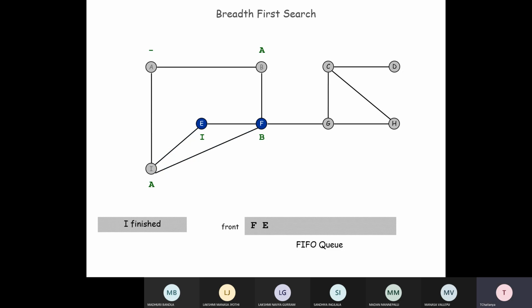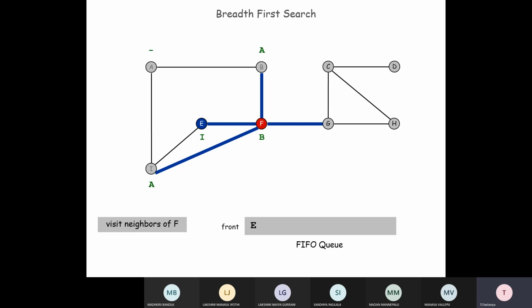Now let us consider F as a node. Find all the neighbor nodes for F: B is a neighbor node, E is a neighbor node, A is a neighbor node and G is a neighbor node.